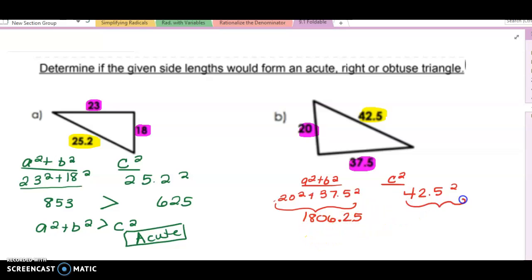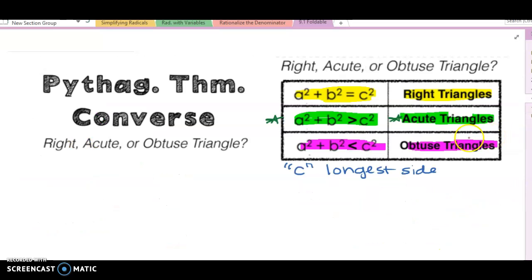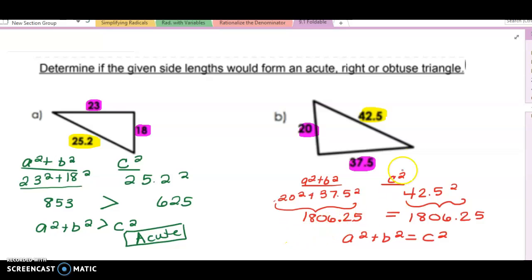And if I put this into my calculator, I get 1806.25. So these are equal. So I can say my a squared plus my b squared is going to equal my c squared. And if we go back here, when they are equal, we have a right triangle. Okay, so this would be right.